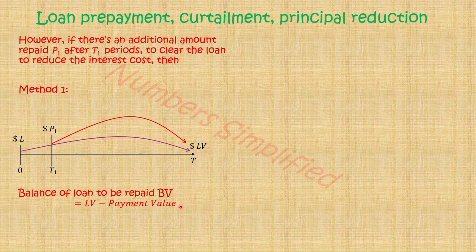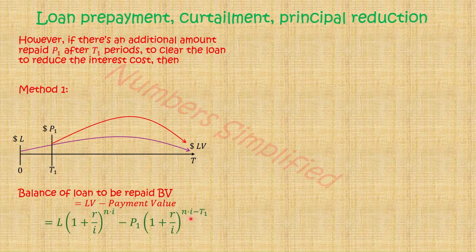So now if we consider the formula, we know LV is given to be L times (1 plus r over i) raised to the power ni, minus the payment value. So we paid P1, but that P1 is going to accumulate some interest for the period that is left. So that's why we have ni.